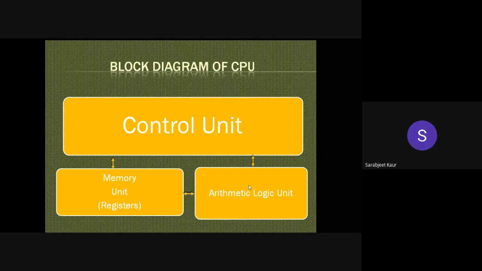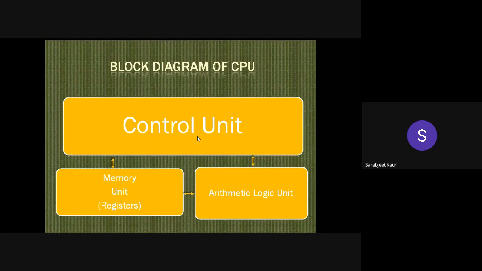The arithmetic logic unit consists of a series of circuits which can perform arithmetic operations and some other smaller circuits which are required to perform logical operations such as AND. Today we are going to focus our attention on the control unit.